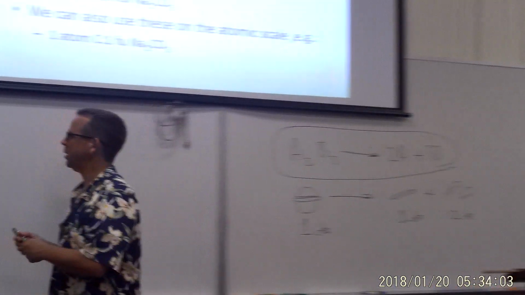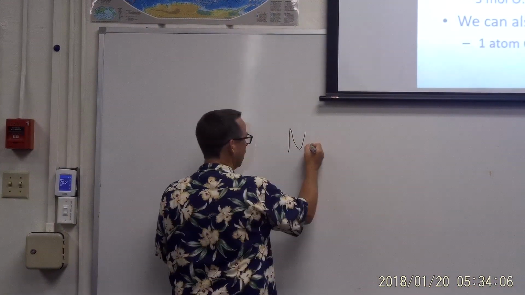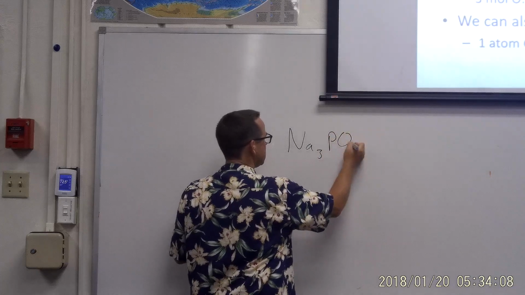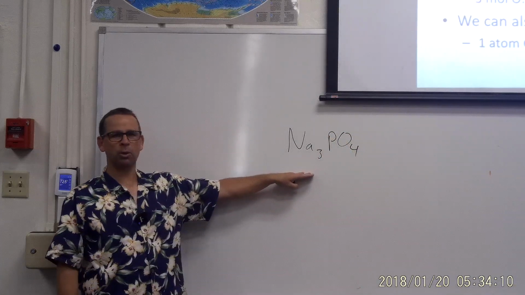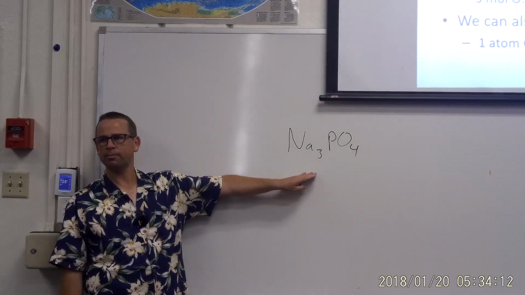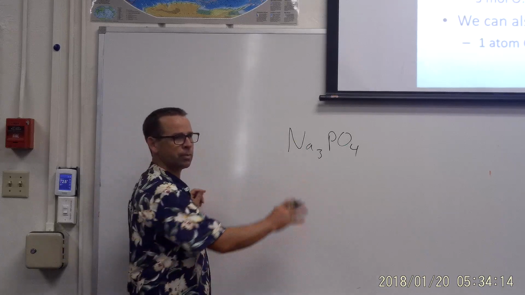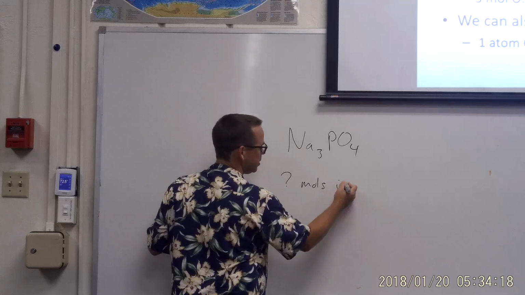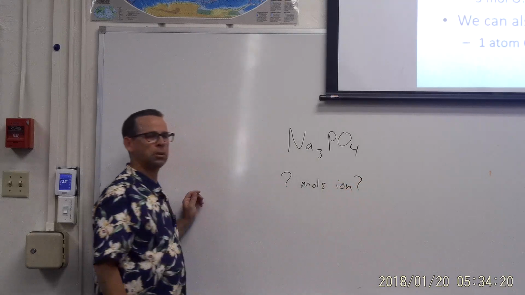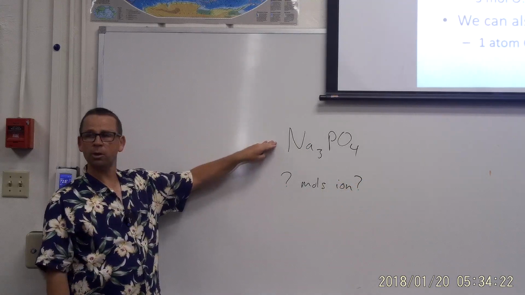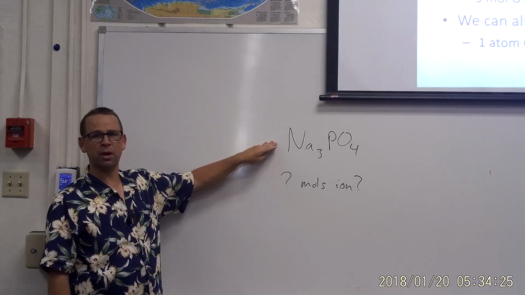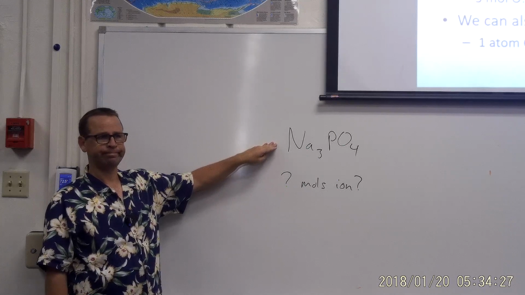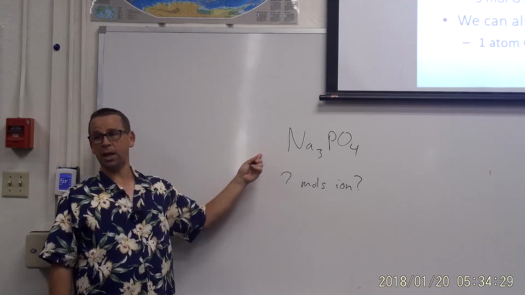Or another one is, how many moles of ions do I have if I have 1 mole of this compound? What's the name of this compound here? Sodium phosphate. How many moles of ions are there in here? If I have 1 mole of sodium phosphate, how many moles of ions? What are the different kinds of ions?